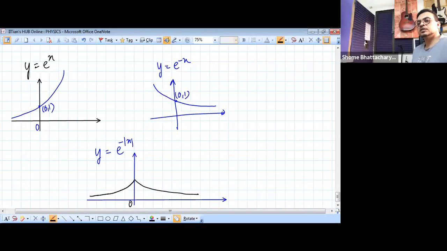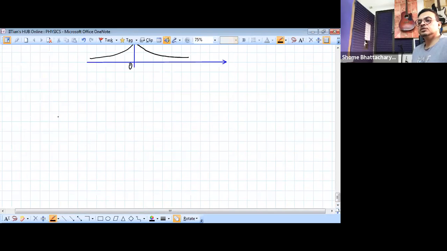Something like this. So from this now you can get an idea of what the graph of e raised to the power minus x square should look like.